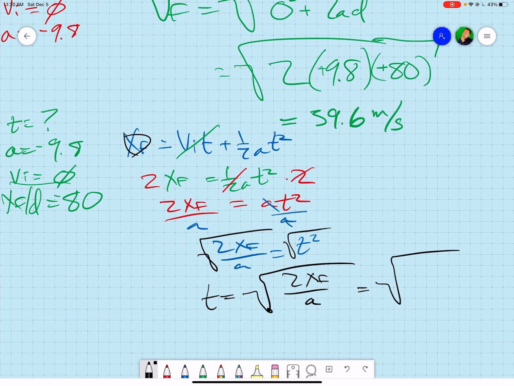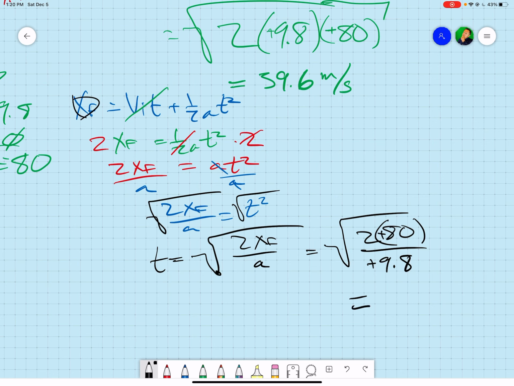Square root of 2 times 80 divided by 9.8. Yes, they're really negatives, but they canceled out. So I do square root of 2 times 80 divided by 9.8, and I get an answer of 4.04 seconds. Phew. Okay, there you go.